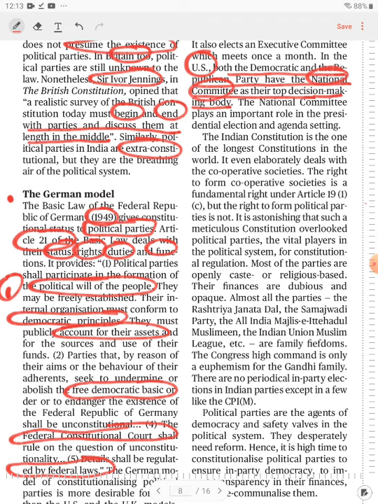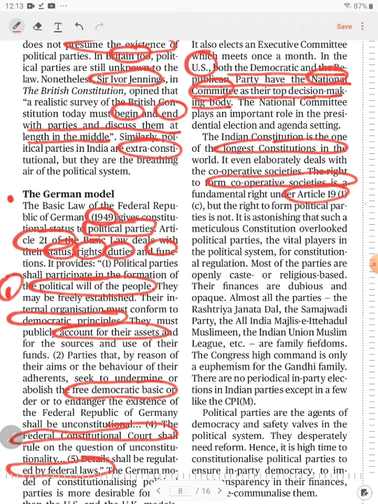What about India? In the Indian Constitution, we know that it is one of the longest constitutions in the world. We have everything described elaborately. For example, our Constitution gives the right to form cooperative societies. Actually that is a fundamental right under Article 19(1)(c).